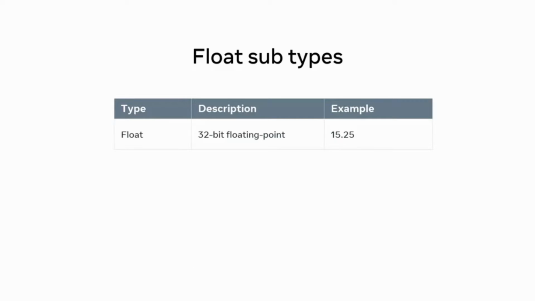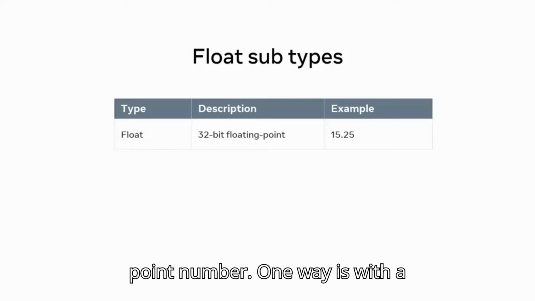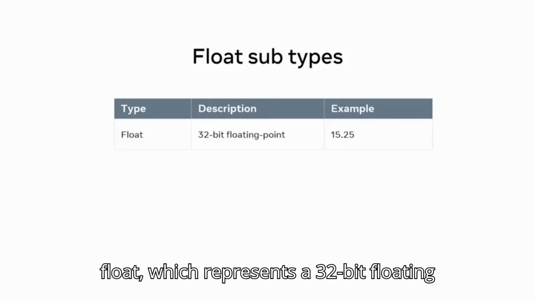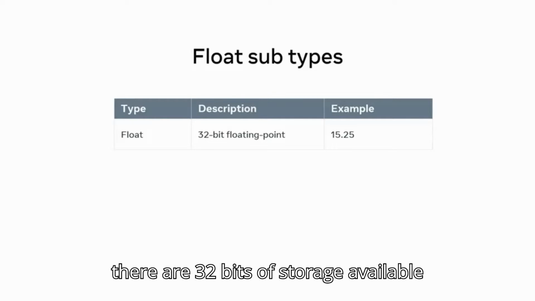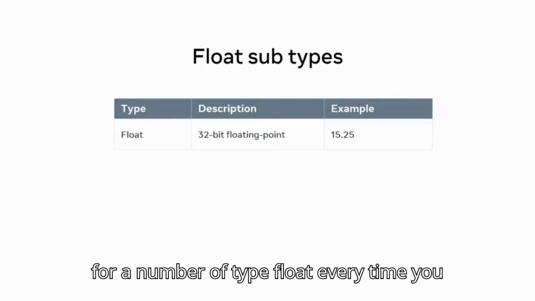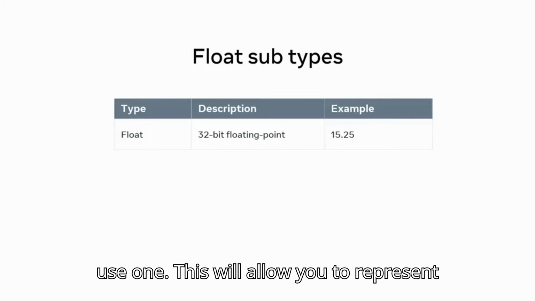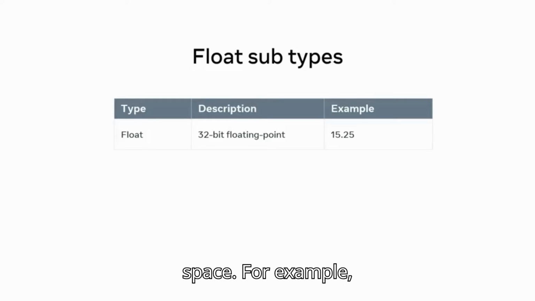For example, there are two ways to store a floating point number. One way is with a float, which represents a 32-bit floating point number. What this means is that there are 32 bits of storage available for a number of type float every time you use one. This will allow you to represent a very large number before you run out of space.